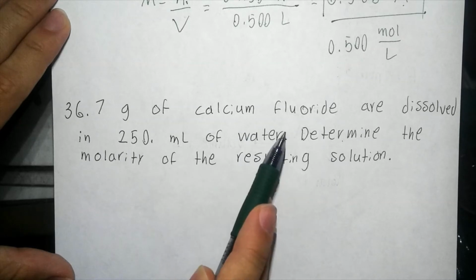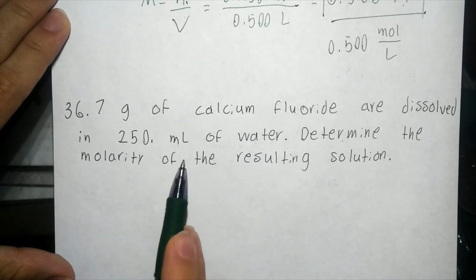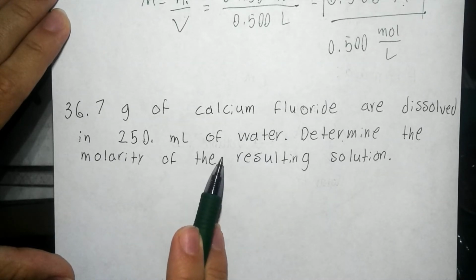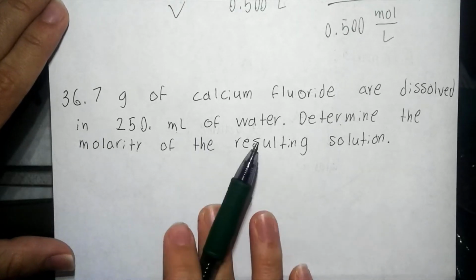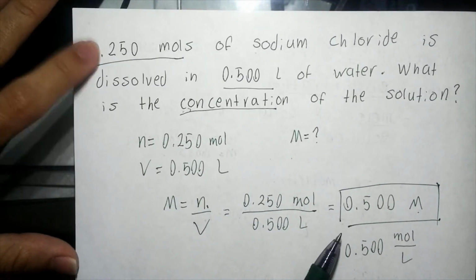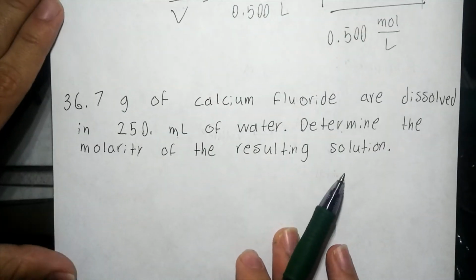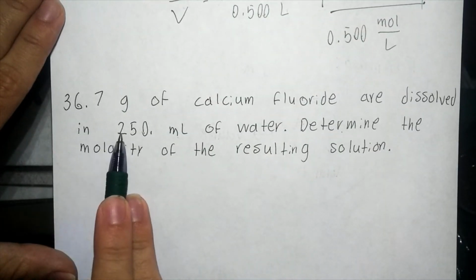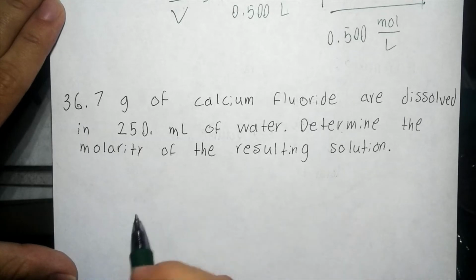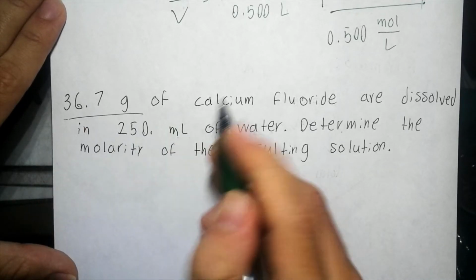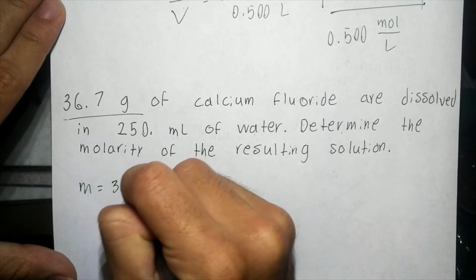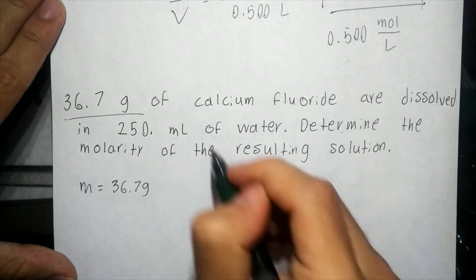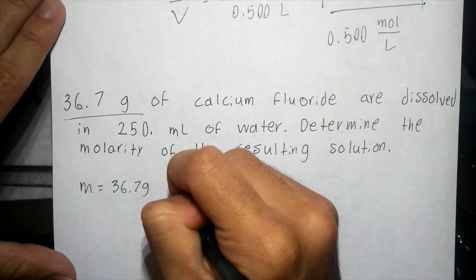36.7 grams of calcium fluoride are dissolved in 250 milliliters of water. So already there's a big difference compared to the last one. In the very last one, we were given our moles of solute. This time, we're given the mass of our solute. So let's either way write down what we're given. We're given mass of our solute, which is 36.7 grams, and it's specifically of calcium fluoride.